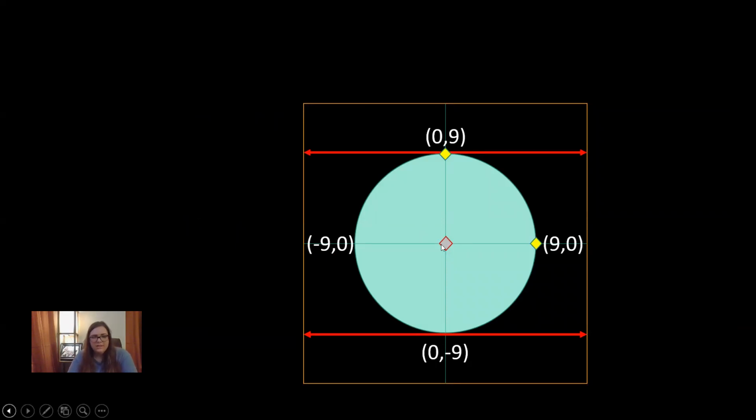All right, guys, I just wanted to show you all this one without all the words on it, to make it a little more simple. Again, here's our center. Here are the points on there. Don't forget our radius is 9, and our diameter is 18.